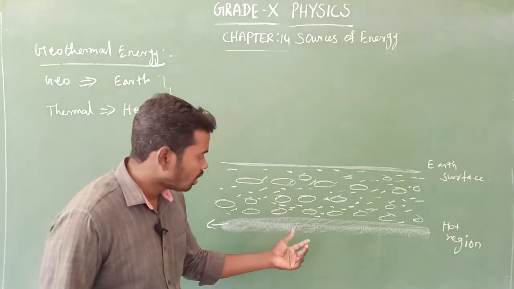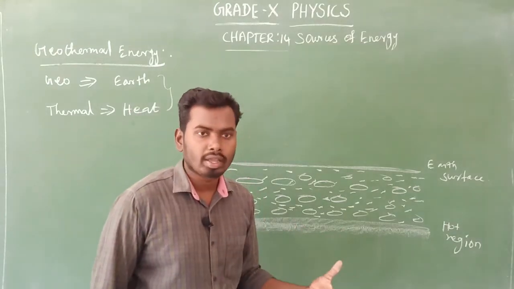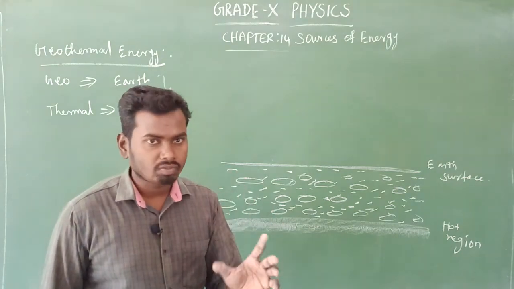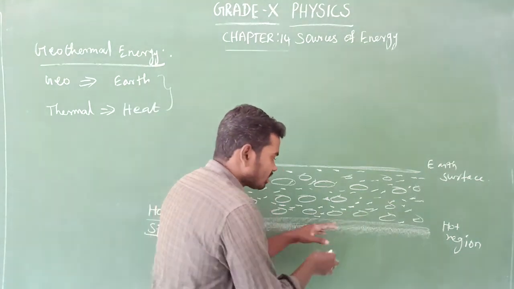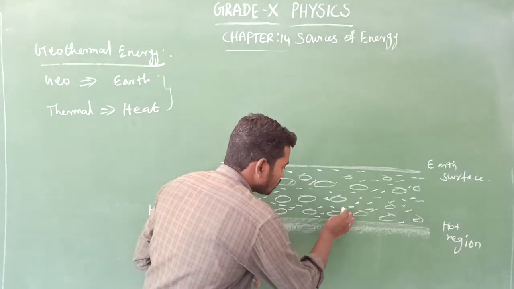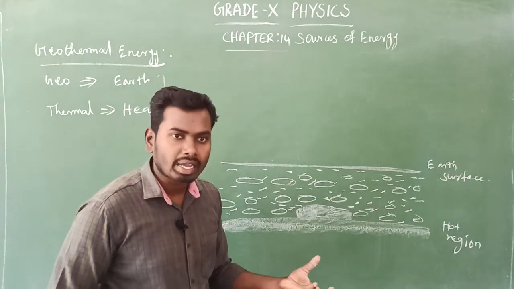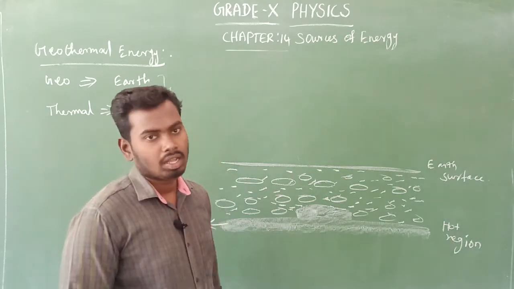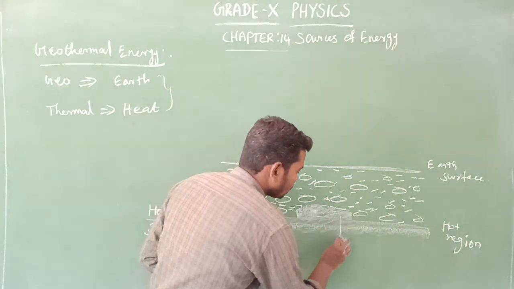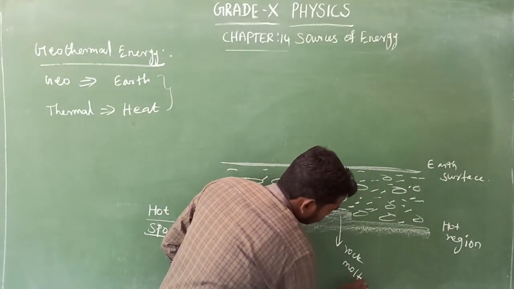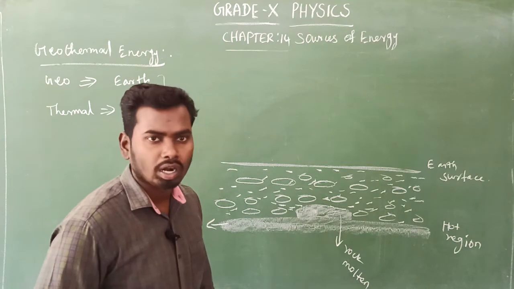Okay, so already we know, still the earth core temperature is too high, as in the form of magma. So consider this is that hot region. The surroundings rock become melt. That is considered as molten rocks. Am I right? Yes.